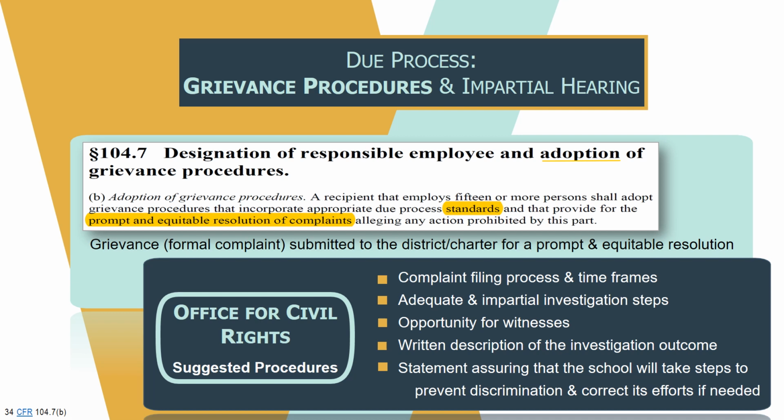The Office for Civil Rights suggests that a school system's procedure should state where to file complaints, describe the steps the district or charter will take to ensure an adequate, comprehensive, reliable, and impartial investigation, allow the opportunity to present witnesses, have reasonable and prompt timeframes, provide for a written description of the investigation's outcome, and state an assurance that the district will take steps to prevent discrimination from recurring and to correct its efforts when necessary.